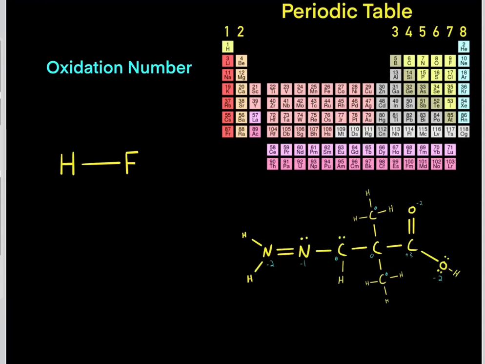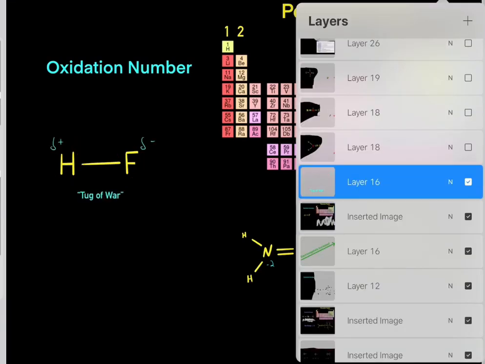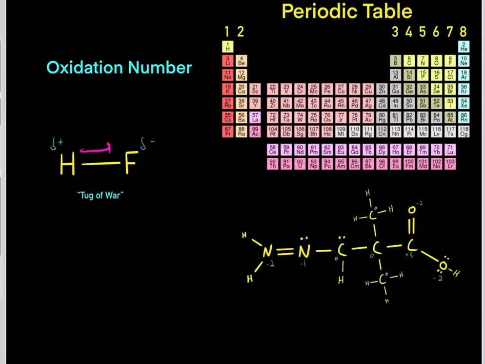So now that we understand what electronegativity is, something important to realize is whenever there's a bond between two atoms, they're essentially playing tug of war. They're essentially trying to pull those negatively charged electrons towards them. However, the atom with the higher electronegativity will win and will pull those negatively charged electrons towards it and will essentially hog all those negatively charged electrons and will get a partial negative charge.